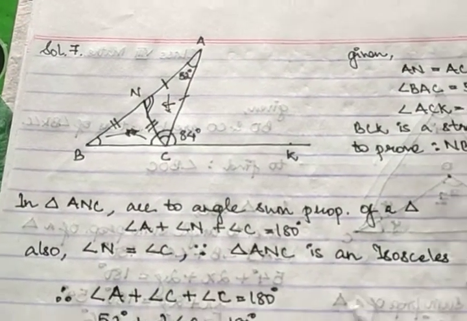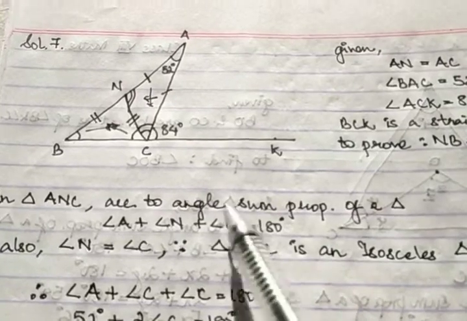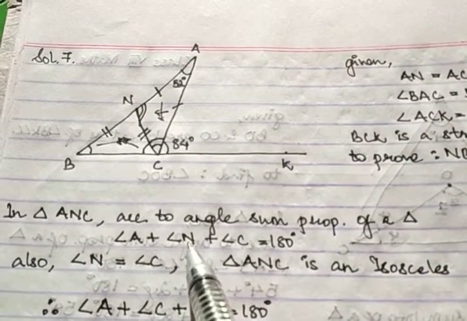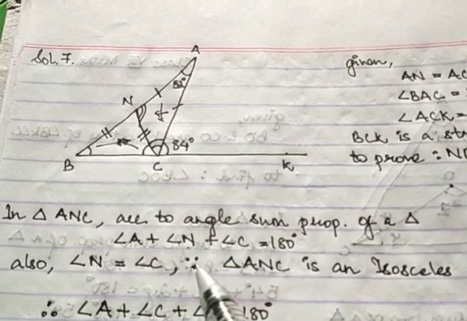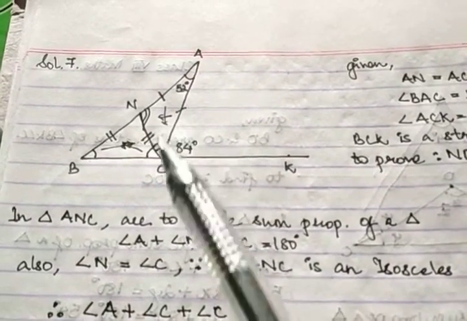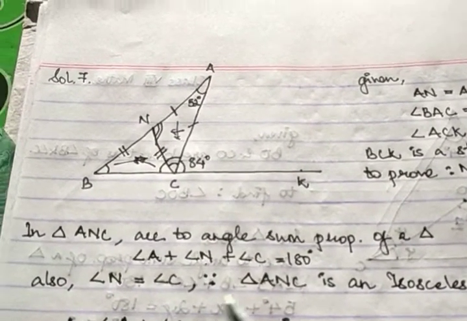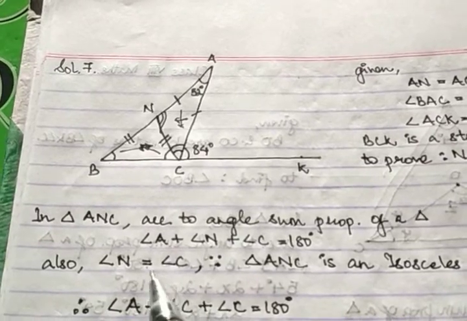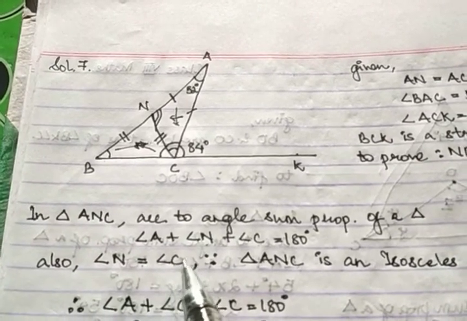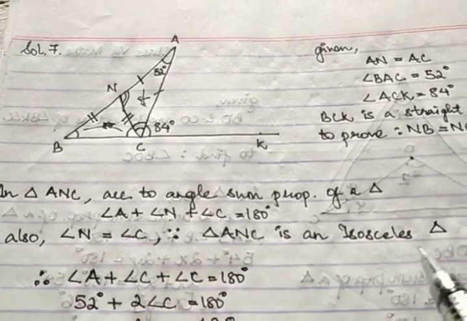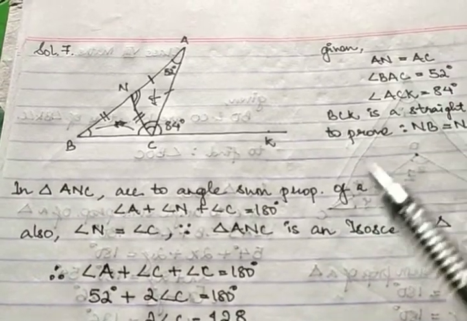So according to the angle sum property of a triangle, angle A plus angle N plus angle C equals 180. When we add all three interior angles of a triangle, we get 180 degrees, isn't it? Now the next line I have written, angle N equals angle C, because triangle ANC is an isosceles triangle. That was already given, isn't it?